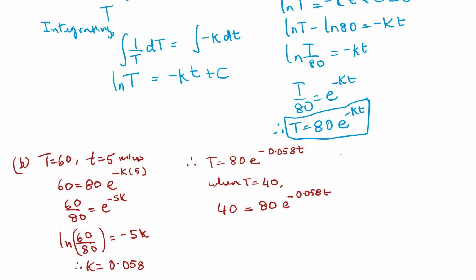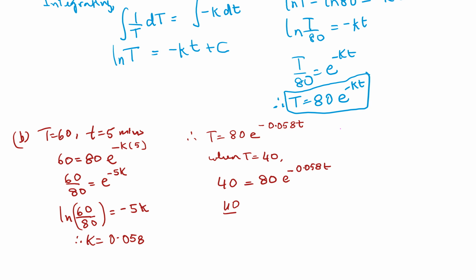Once again I can do 40 over 80 and use the log, which is equal to minus 0.058t. So t will be ln of 40 over 80 divided by minus 0.058.